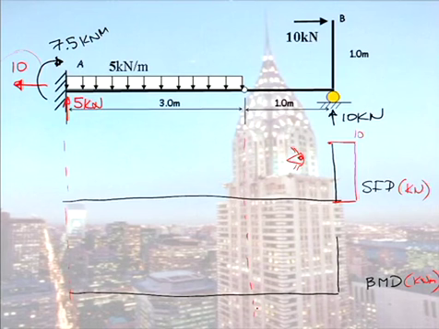Go on, give it a go. Shear force diagram, bending moment diagram. You all got it popping up a value of 5. Then it's going to reduce linearly by 15.